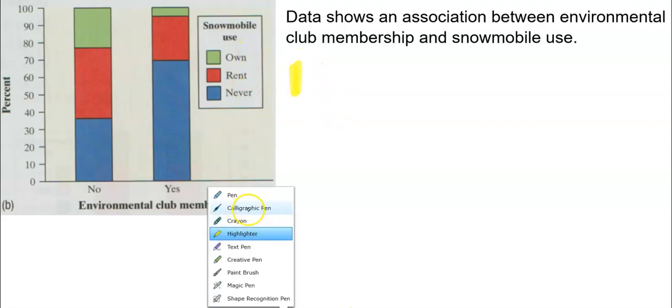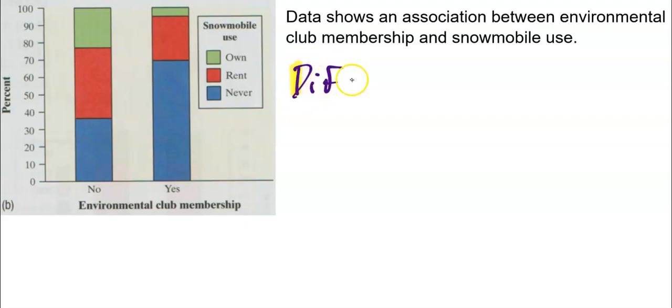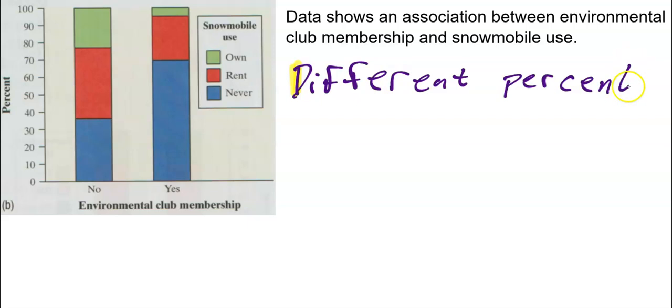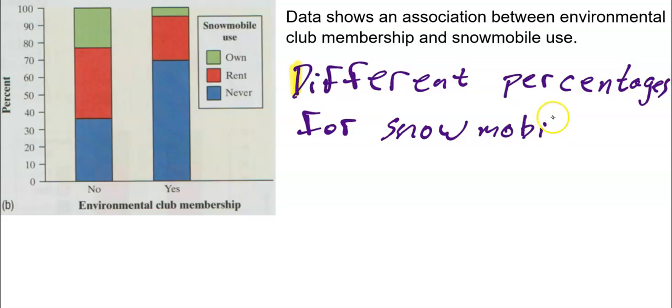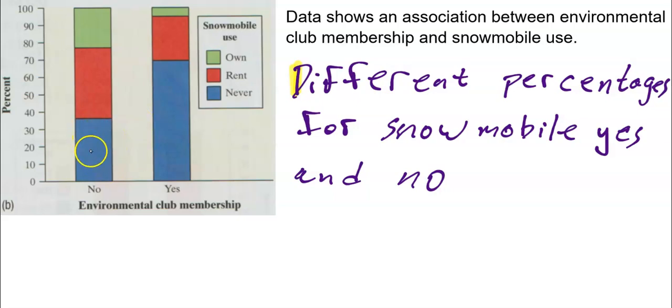Oops, let me get a pen that writes. So we have different percentages for snowmobile use, yes and no. For instance, if I look here, we said this was about 36, and you can clearly see this is about 70%.